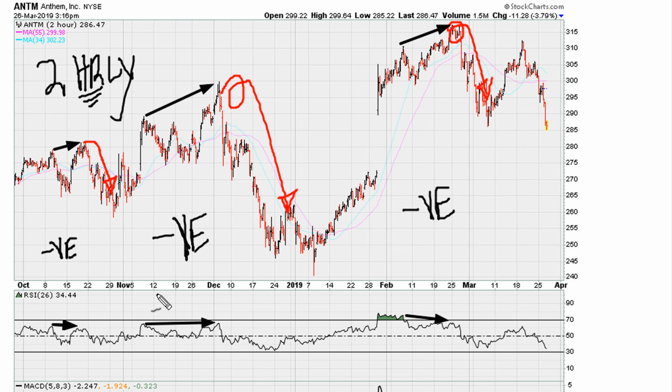So that is one of the first things that I notice in each of these three pullbacks that I highlight: this area here, this area here, and this pullback here. Now, there's something else we can see.